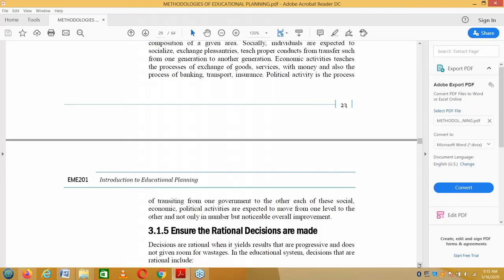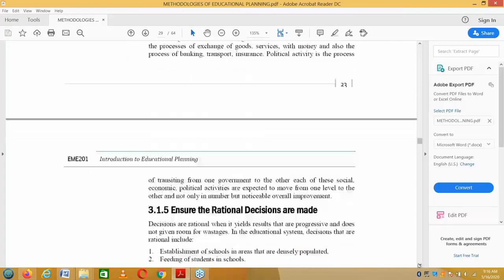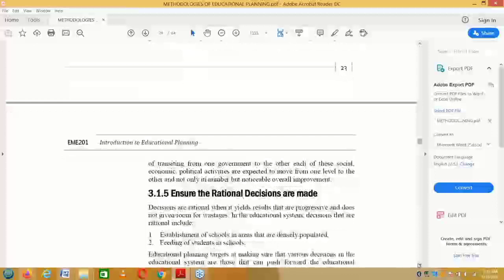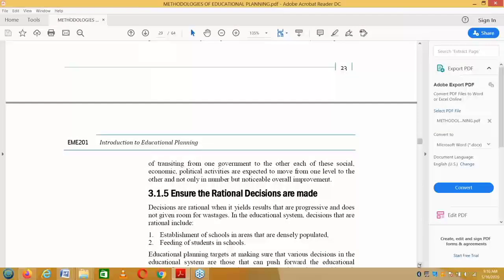It also ensures that rational decisions are made when it yields results that are progressive and does not give room for wastage. In the educational system, rational decisions include the establishment of schools in areas that are densely populated and feeding of students in schools.